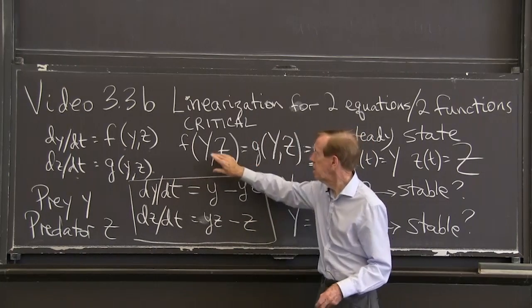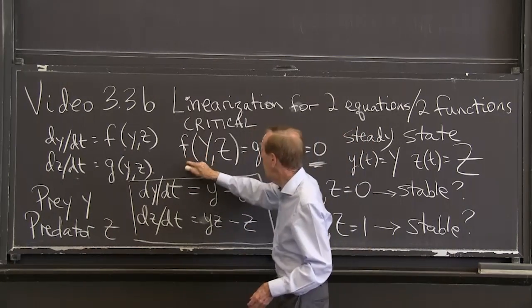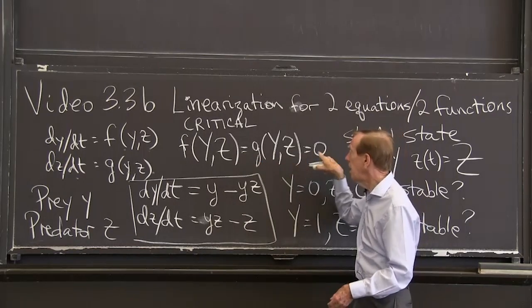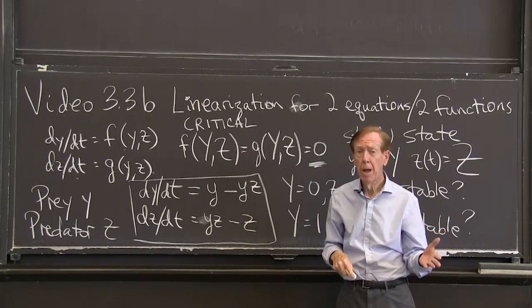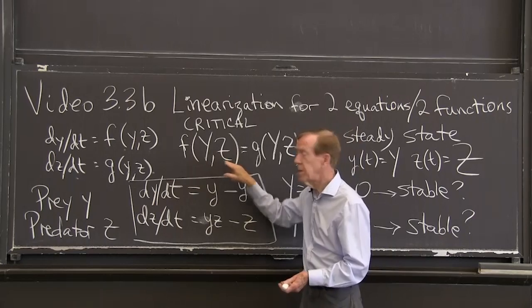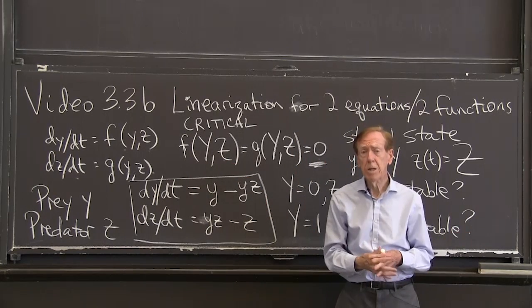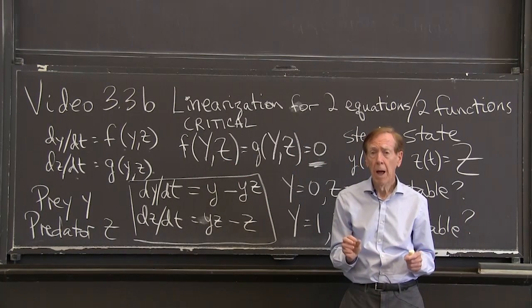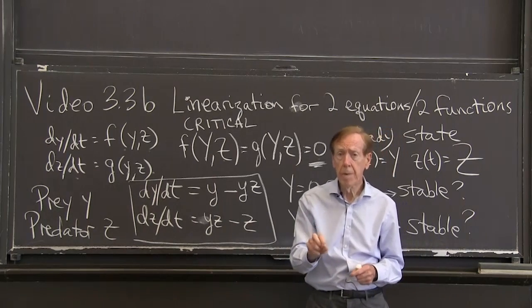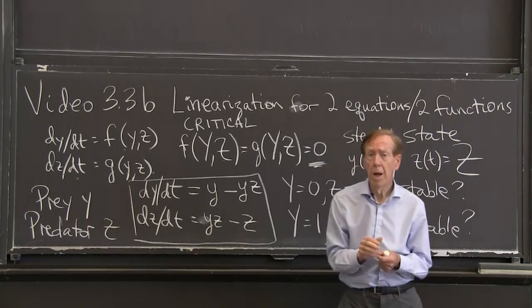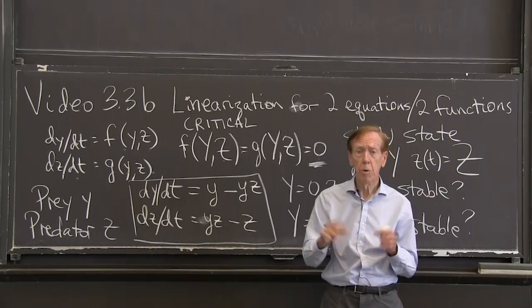We have two equations, f equals 0 and g equals 0, but we have two unknowns, y and z. So we expect some solutions, and each solution has to be looked at separately. Each solution is a critical point.